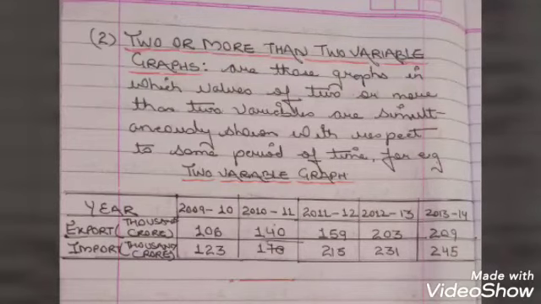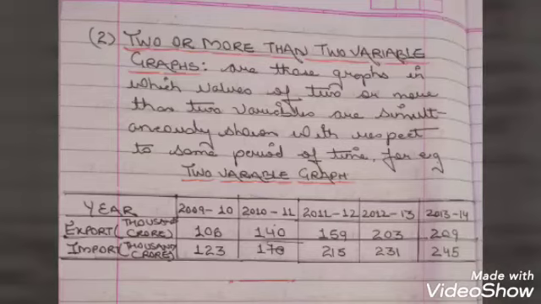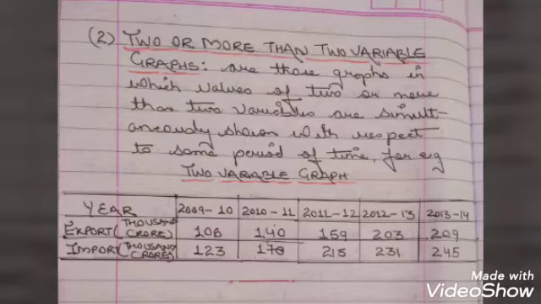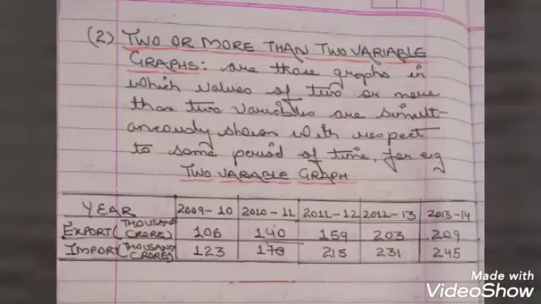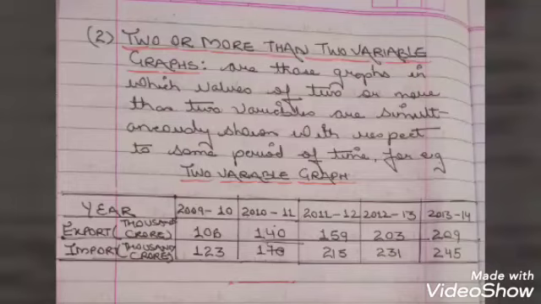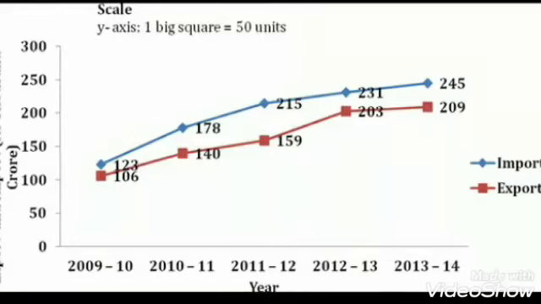In the data I have shown you the export is 106,000 crore and import in 2009 and 10 is 123,000 crore. Similarly, I have given the data of 2010 and 11, then 2011 and 12. Similarly 2012, 13, and the last one is 2013 and 14, where your export is 209,000 crore and import is 245,000 crores.